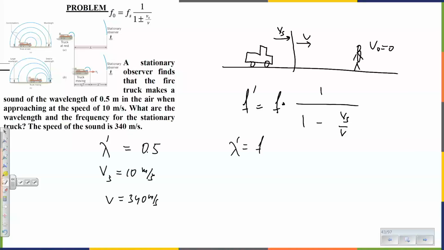The equation I want to write is for speed. That's my mnemonic rule. So when I write this equation, I start from either this or this. What is the difference?